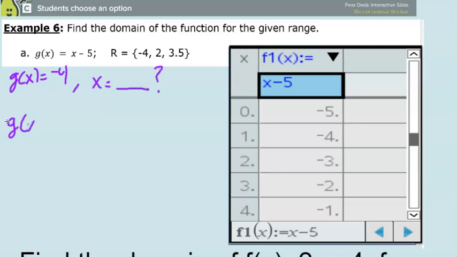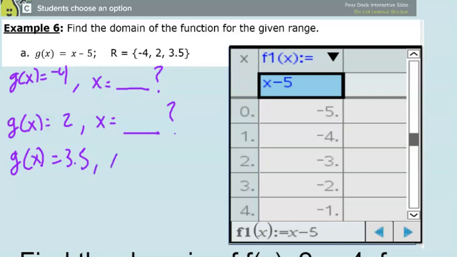When g of x equals 2, x equals what numbers? And then you do the same thing for the last one. We could use a table. We could solve these. We could also solve for x.